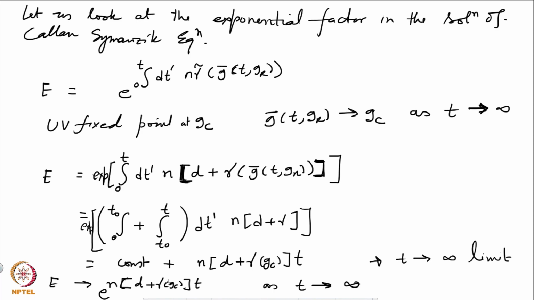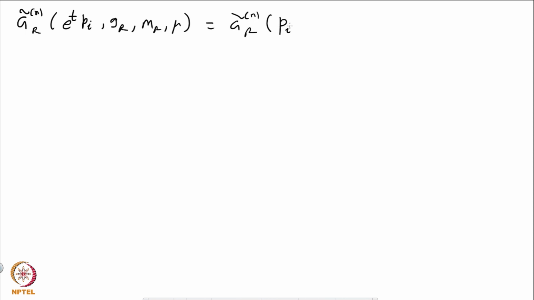Using this, let's write down the Green's function in the large t limit. So g tilde n, r, e to the t, pi are the external momenta. Here you see gr, not g bar. Gr of mr, mu is equal to g tilde n r, pi, gc. Here g bar has taken a value gc now, because I am taking t to be very large.